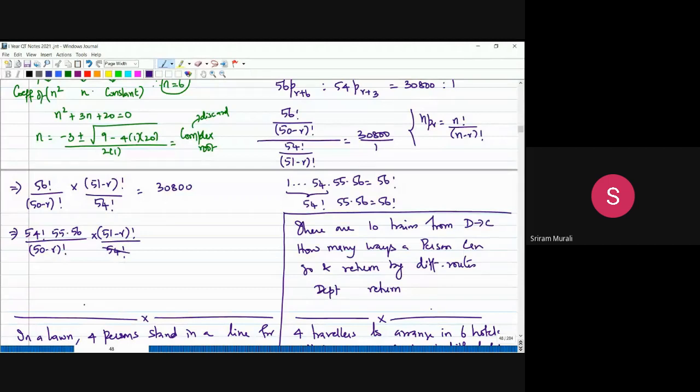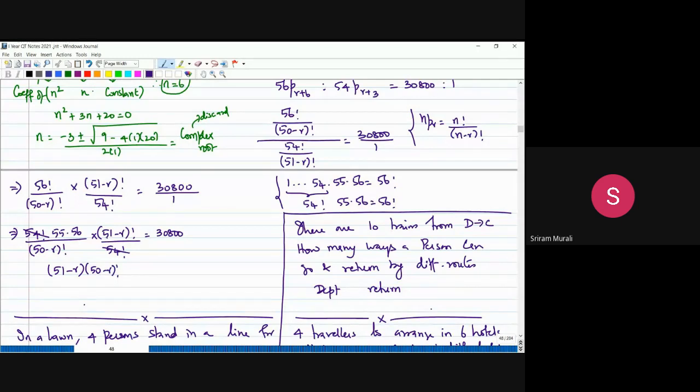So 54 factorial gets cancelled. It is 3800 by 1. Now what is left? This is what is left. 1 to 54 is 54 factorial into 55 into 56. This is 51 minus r into 50 minus r factorial.